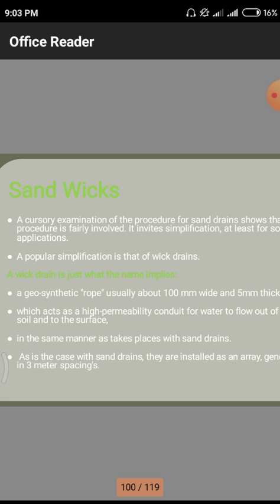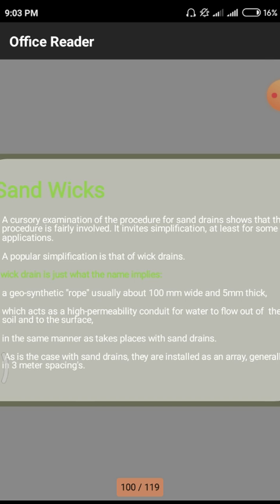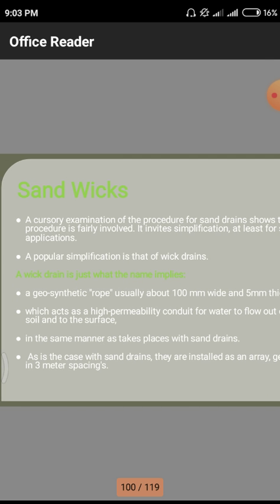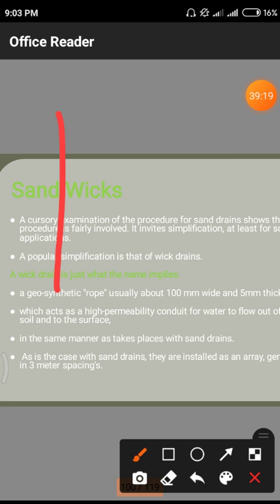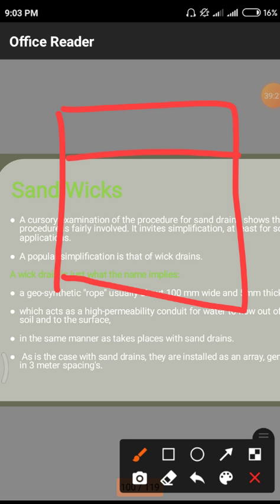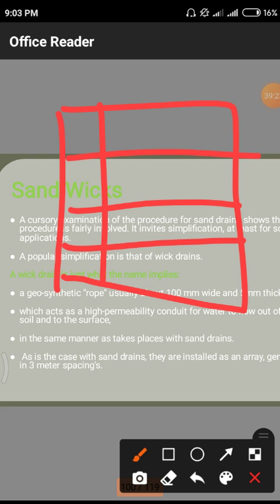As in the case of sand drains, they are installed in an array, generally at 3 meter spacing. Previously I showed an array of these lines. Array means normally a matrix, with one row, one column, all the rows parallel, so that all the water will be drained in a smooth pattern.